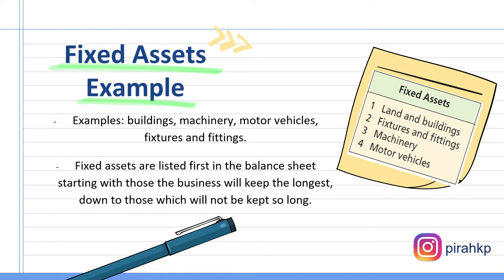Such as, first of all, there is land and building. It's going to stay for a very long period, right? So you are going to write that first. Then comes fixtures and fittings. Obviously, it's going to stay for a longer period. Then machinery. Yes, machinery is going to stay less than fixtures and fittings, but more than motor vehicles.